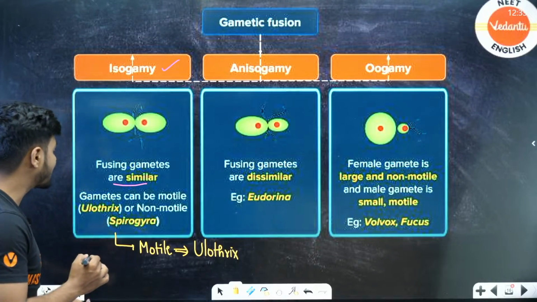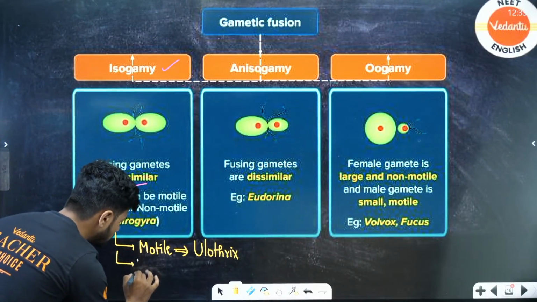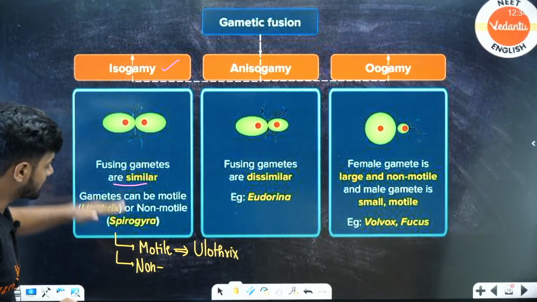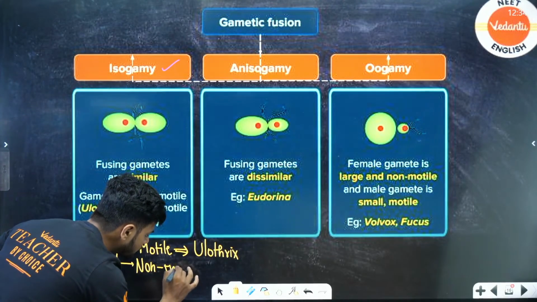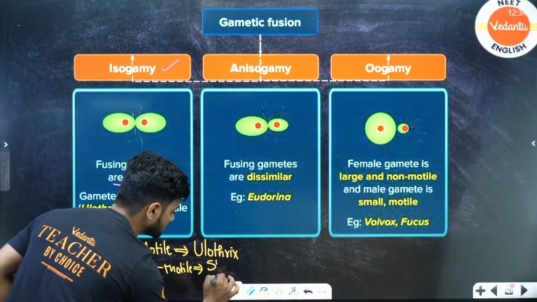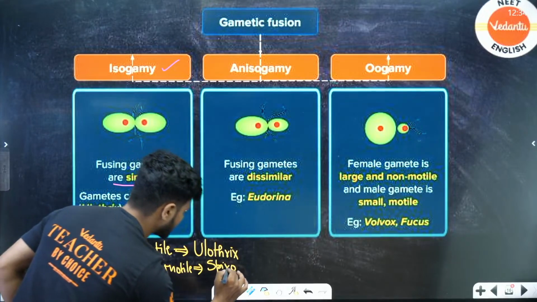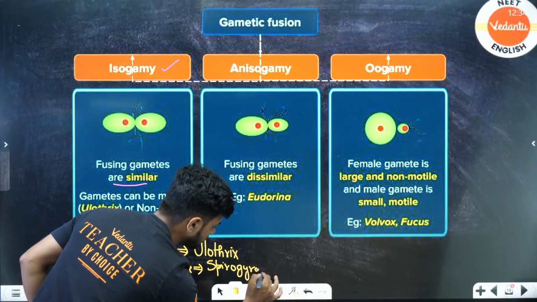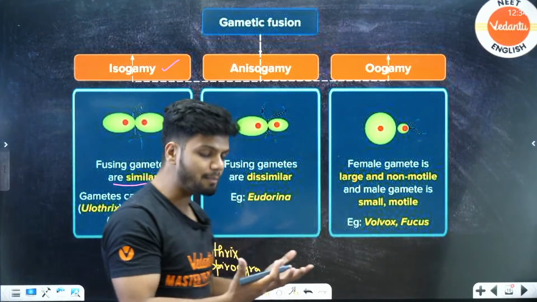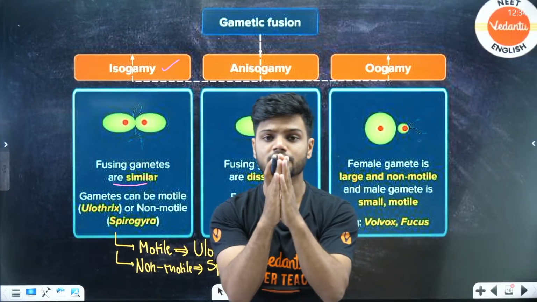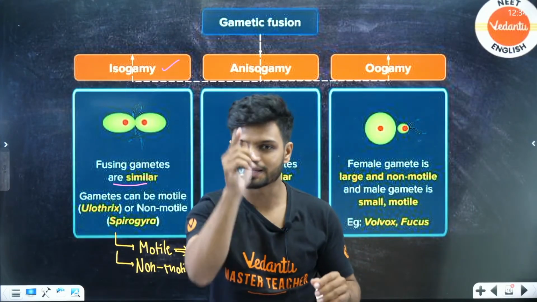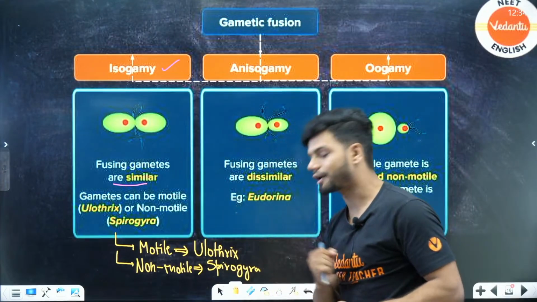Now, if the gametes are isogametes, but non-motile in nature, the example is going to be Spirogyra. Clear, all of you? The gametes are very same to each other, but non-motile. It means the flagella is absent.